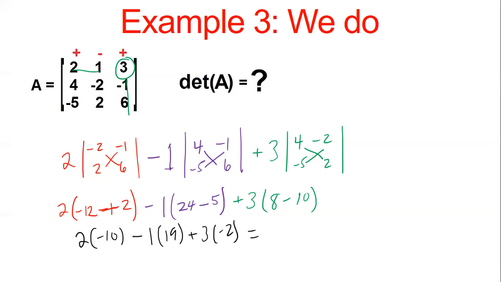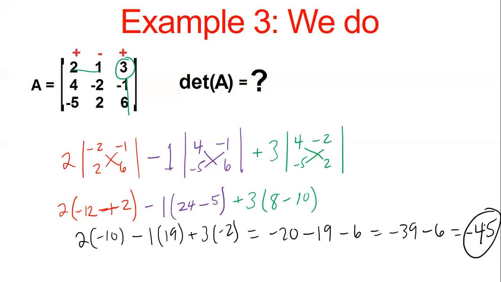Now we're down to multiplication, right? So I have 2 times -10, which is -20. I have -1 times 19, which is -19. And I have 3 times -2, which is -6. And now we're down to adding and subtracting from left to right, correct? So -20 minus 19 is -39. -39 minus 6 equals -45. So my answer is -45.